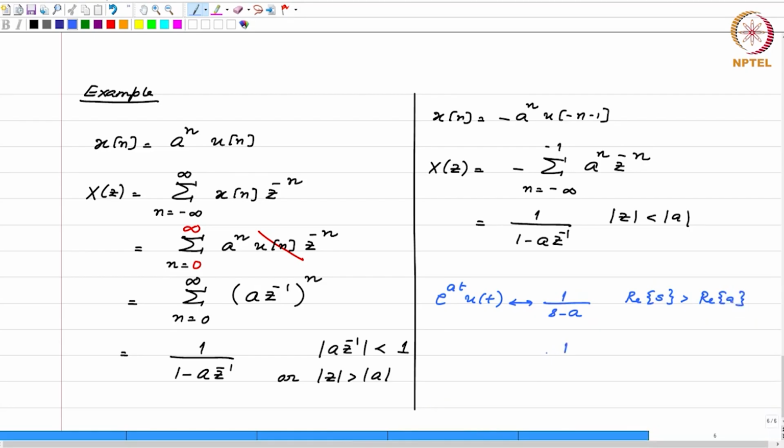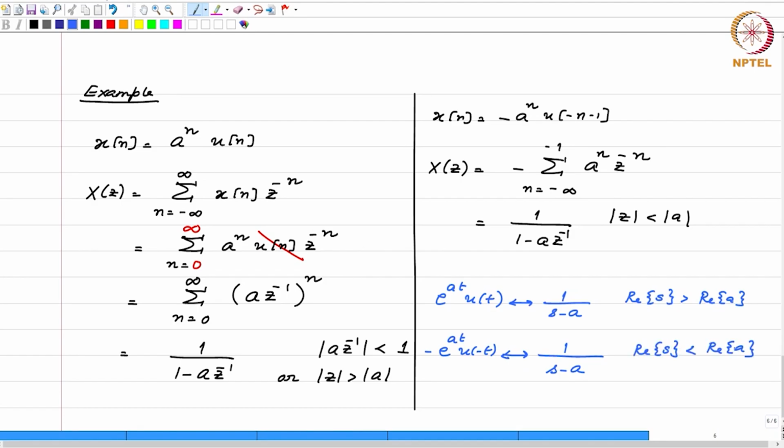And what was the corresponding counterpart? It is e to the power at u of minus t. Anything else missing here? You have a minus sign, and then this is real s strictly less than real a.